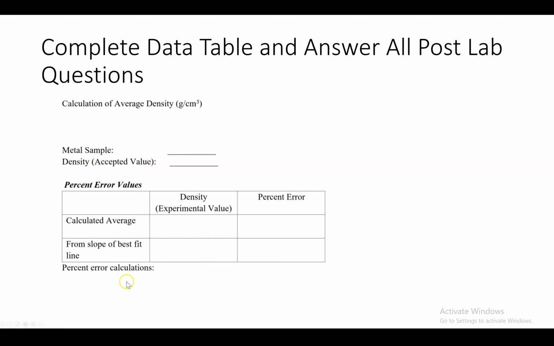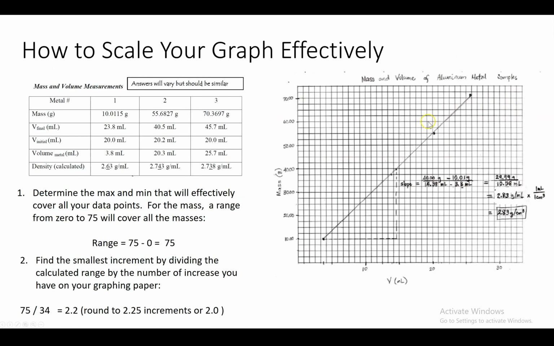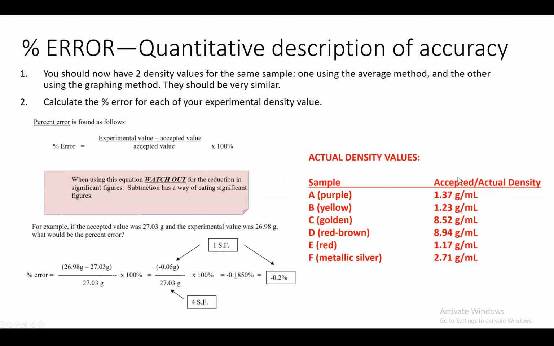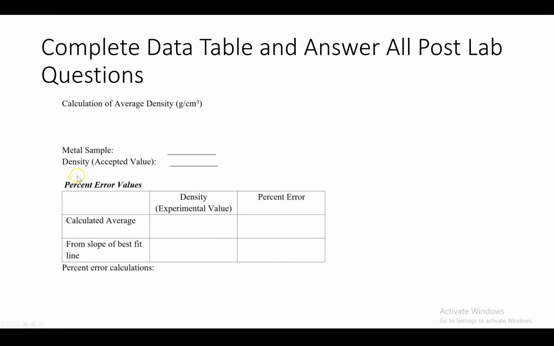And please show the calculation of the percent error, just like showing the calculation for the average density above. So make sure you show your work, and for the slope method, make sure you show your work by writing directly on the graph. And when you finish, please answer the rest of the other questions and submit all of your data and calculations, and that will be your lab report.